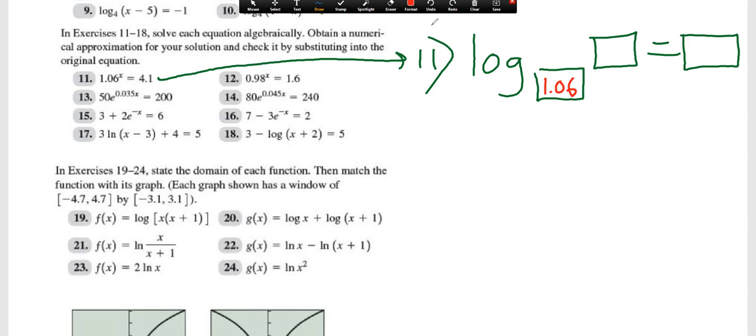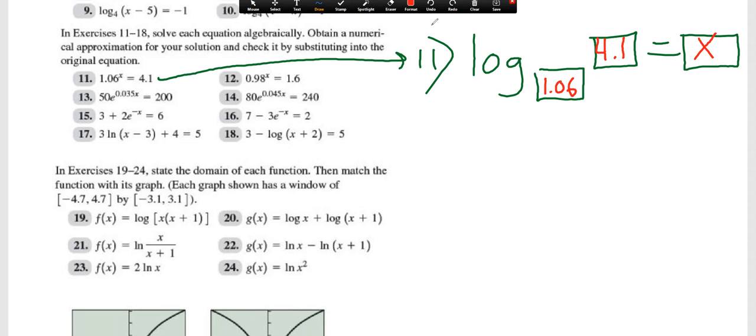Which of the boxes should contain the exponent? The last one, right? So if you know that that's where the exponent should go because log equals exponent, then all you have to do is put the last one in.